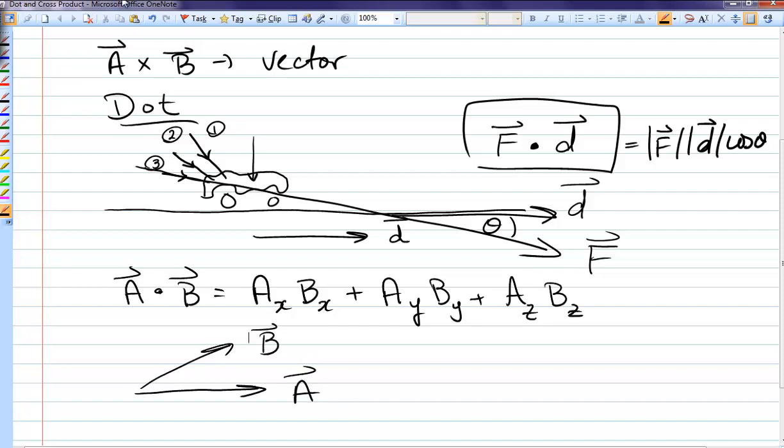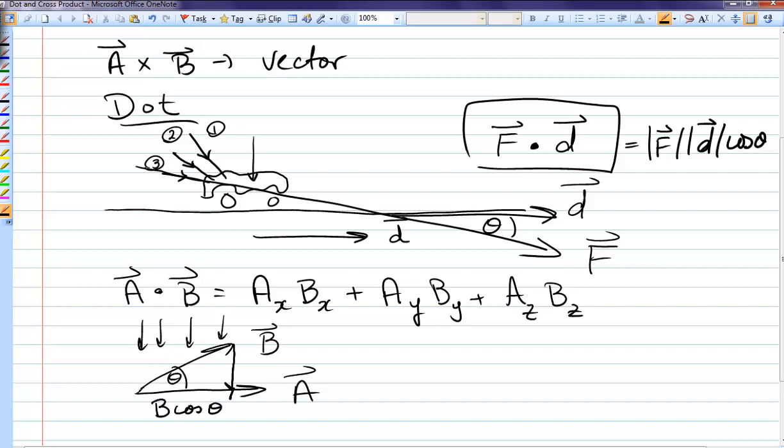Now the geometry, if you look at two vectors, A and B, the geometric interpretation of the dot product is how much the B vector projects onto the A vector. What that means is if you shine a light perpendicular to A, the shadow of B on A, that's called the projection of B onto A. So that's B cos theta.